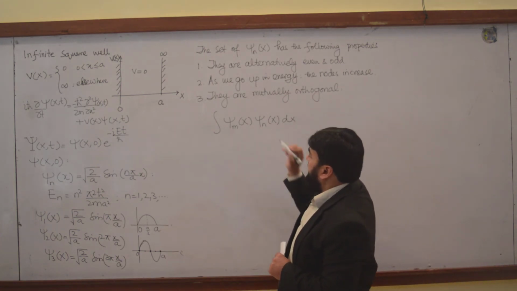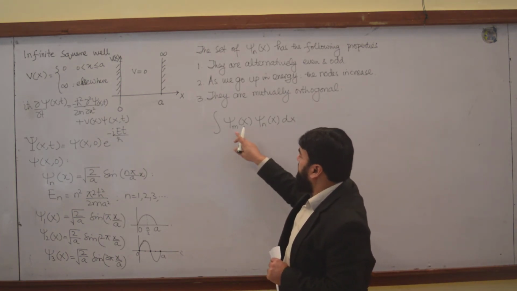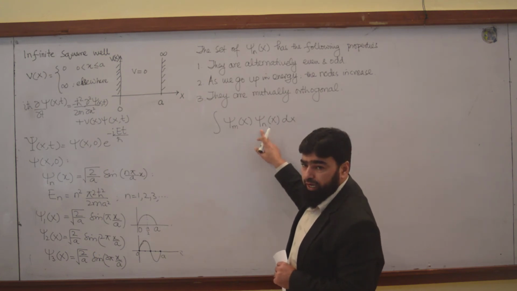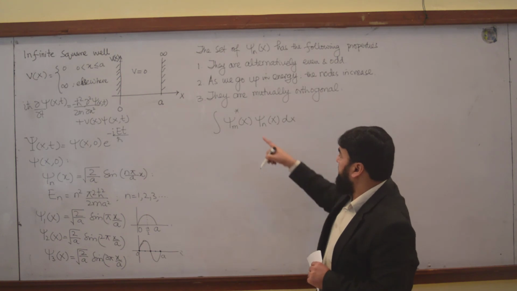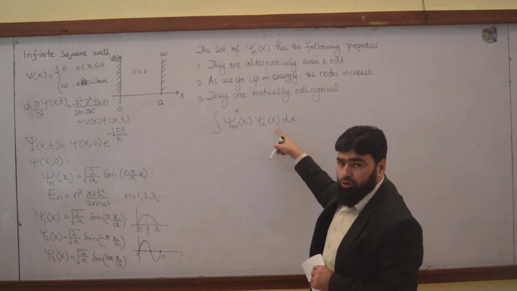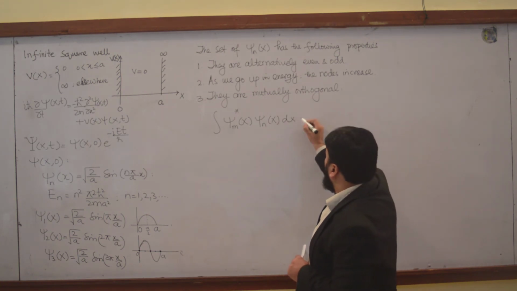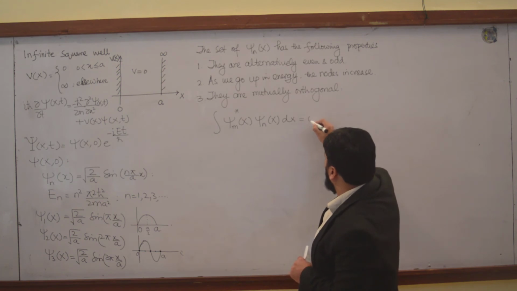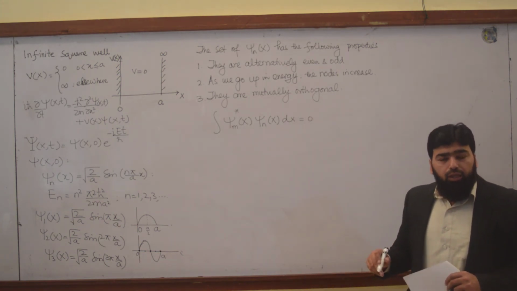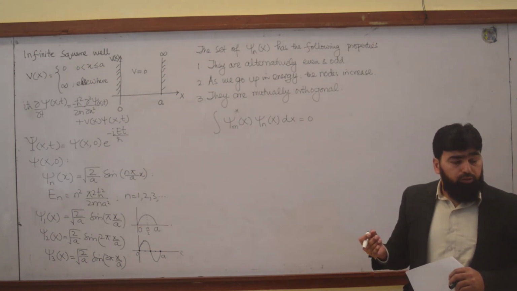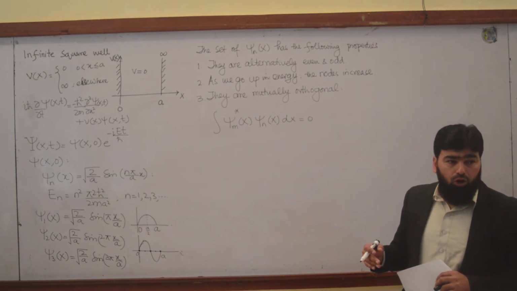Psi m, psi n. Now you know two wave functions you cannot multiply like this, but you will have to take the conjugate of one and multiply it with the non-conjugate. And if this thing is equal to 0, what does it mean? It means one function is even and the other function is odd.